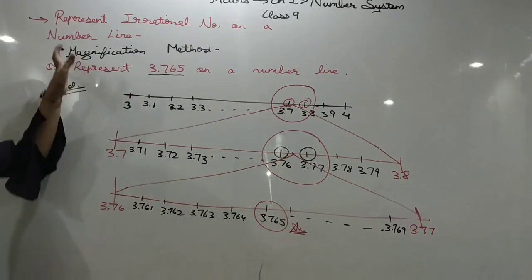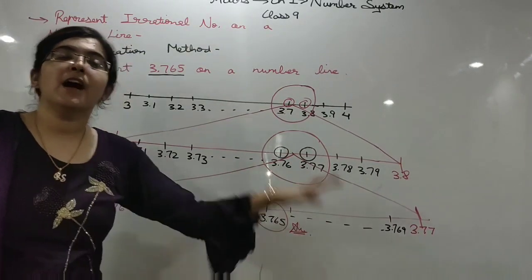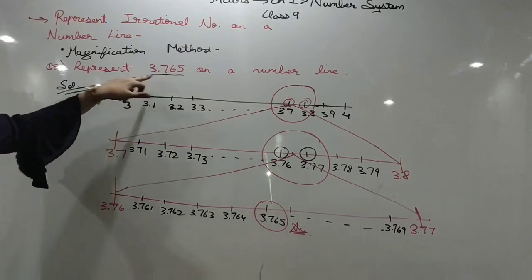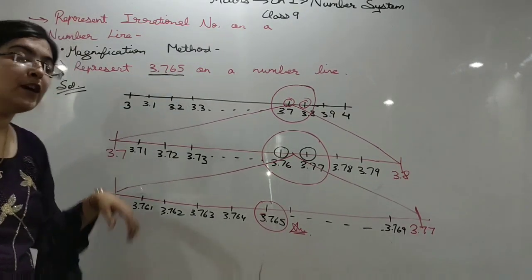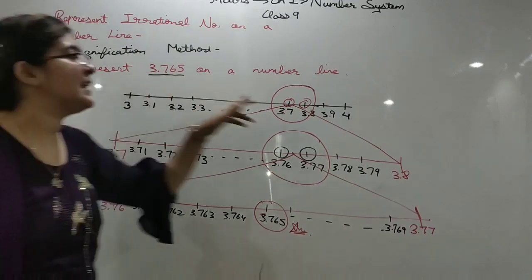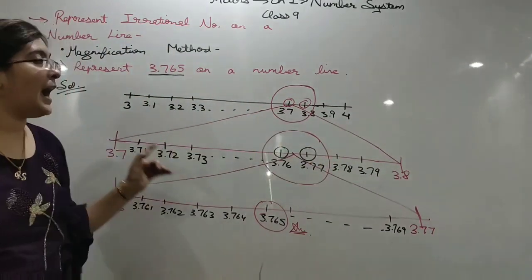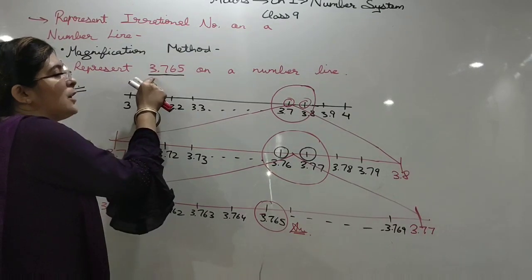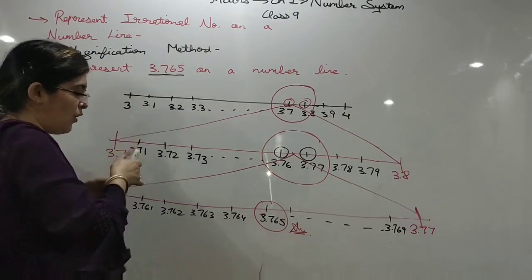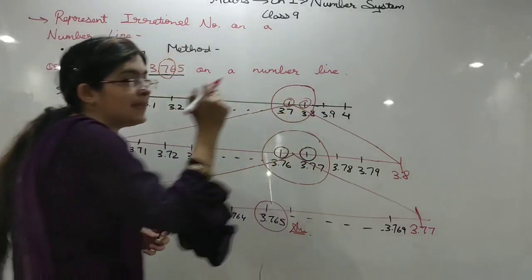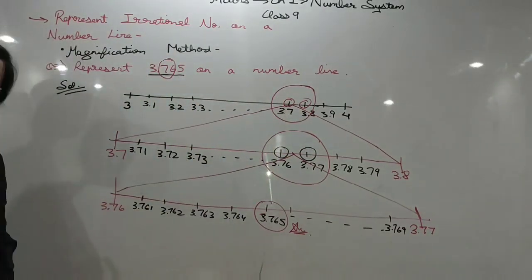This is our new method, magnification method. How have we done it? See, I am repeating once again. It was 3.765. So we started between 3 and 4 and wrote the points in between them. Now we will see one digit, 3.76. That means it will lie between 3.7 and 3.8.